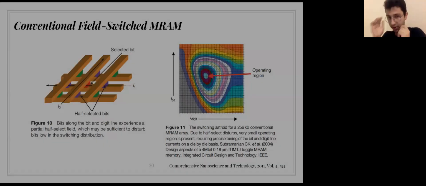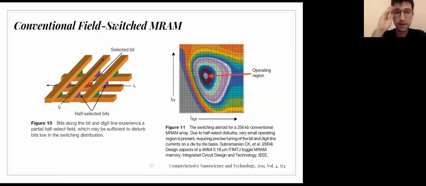All right. The problem that we encounter in this configuration is here: you see on the left side we have an array of magnetic cells. We want to store information in these cells. Here you see the selected bit; we want to change the orientation of the information that we keep.